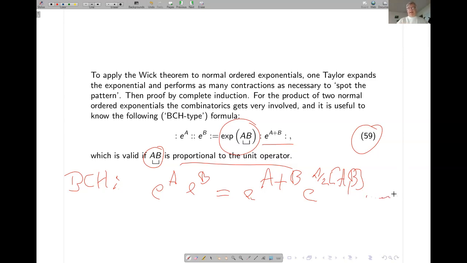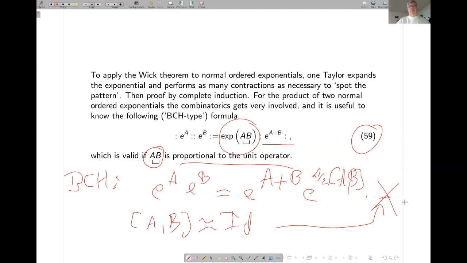The simplification, which normally is sufficient to do this in quantum mechanics, is if the commutator of a and b is proportional to the identity, then there are no higher corrections. The reason is that the further terms are again exponentials, but with the commutator AB commutated again with A or B. But if the AB commutator is the identity and hence commutes with everything, then all the higher terms are zero.